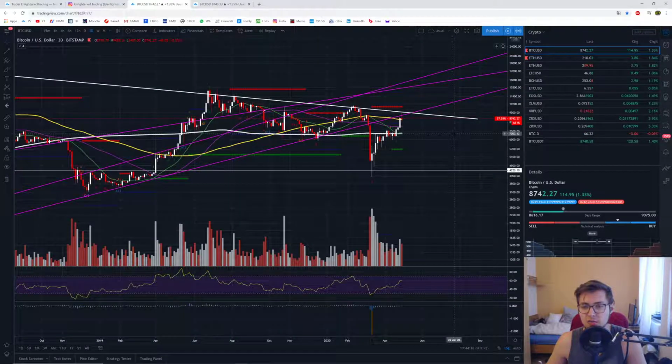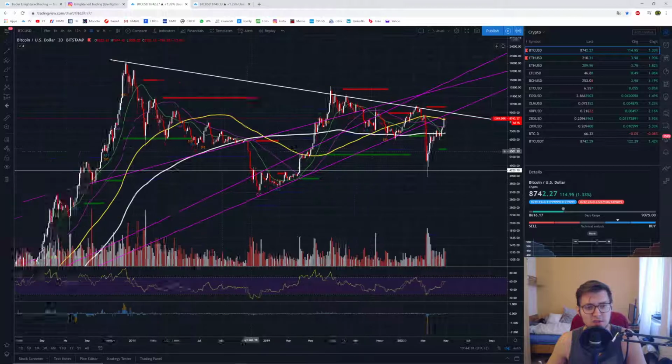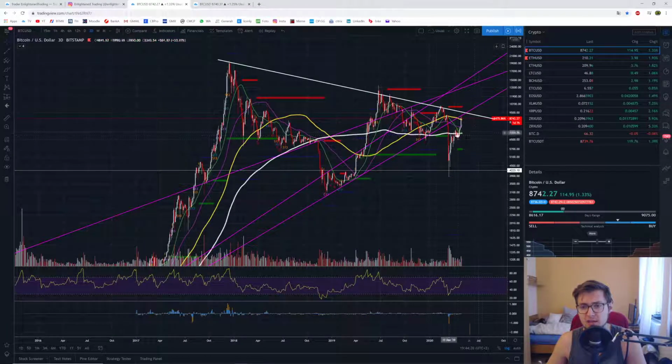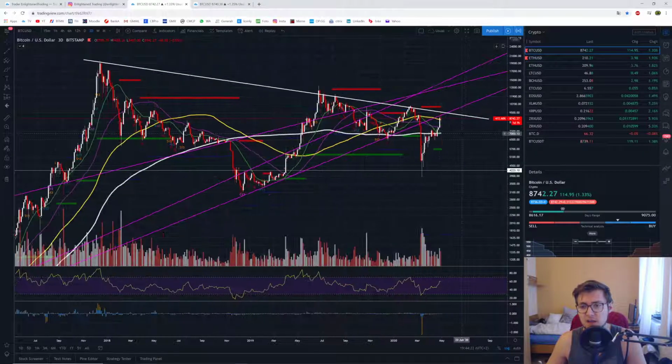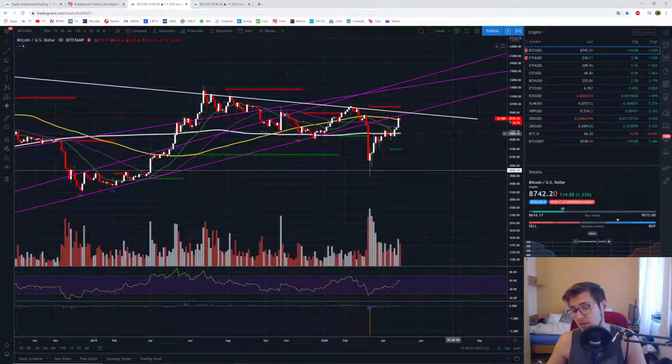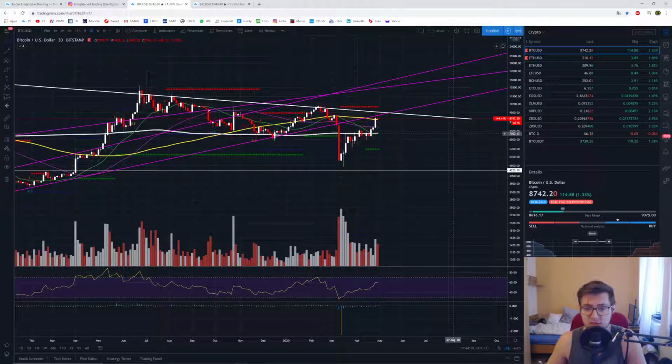As I said, I do think around 7,000. Also, as you can see, the 300-day moving average acting as resistance, and now maybe even acting as support here around 7,000. Maybe this will be important. As I said, there is some pretty important support from 8,000 down to 7,000 and down to 6,000.